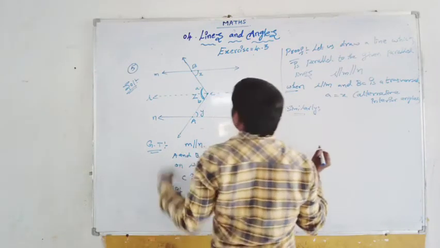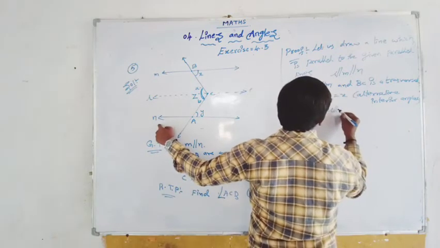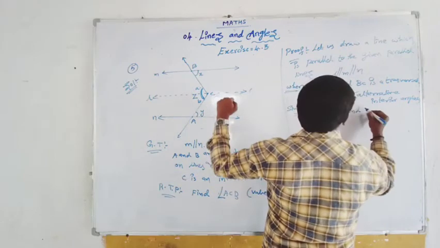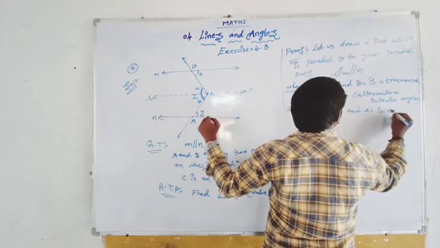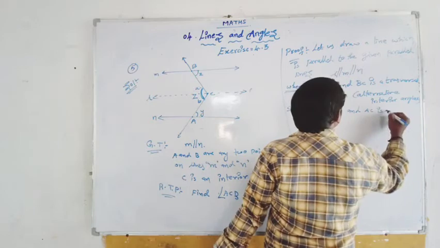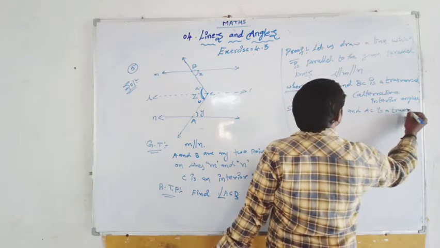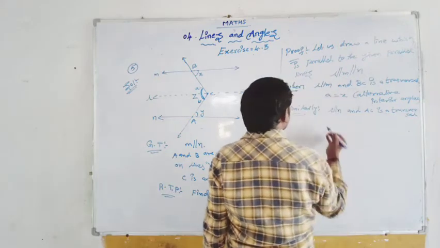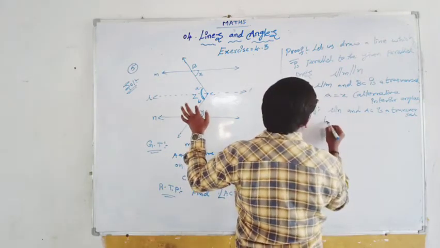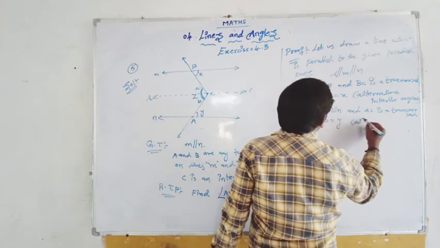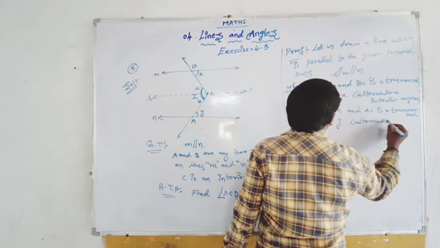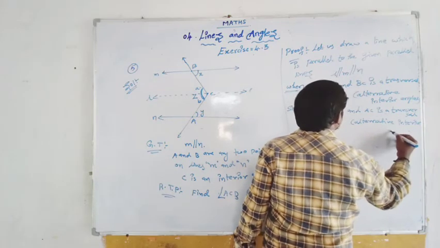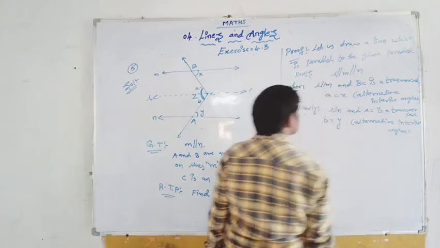Similarly, we can say that when L is parallel to N and AC is a transversal, B equals Y, again alternate interior angles.